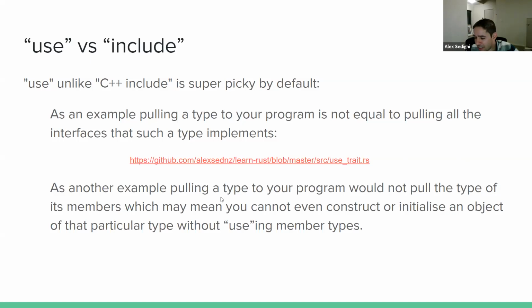And you're just, how? This is implementing that, but it's not working like that. You need to individually use the trait as well.